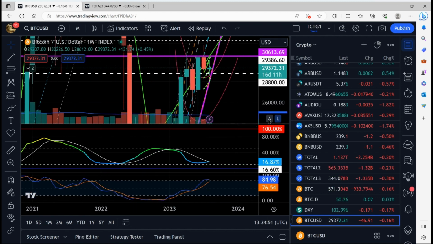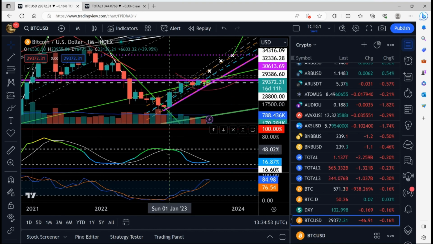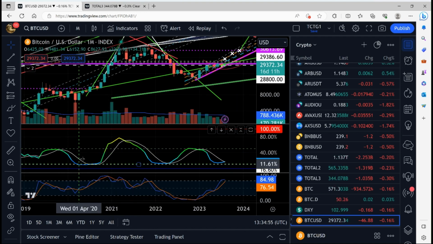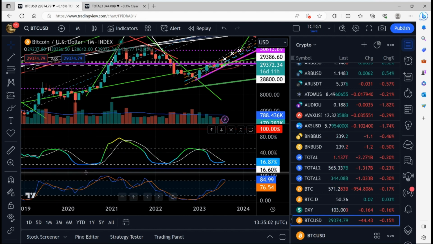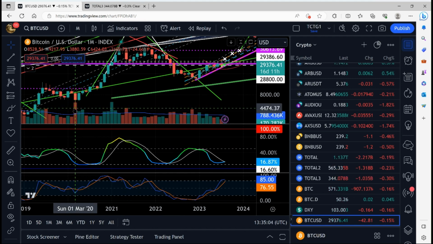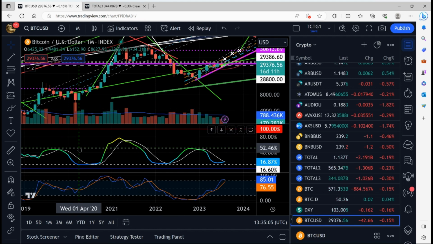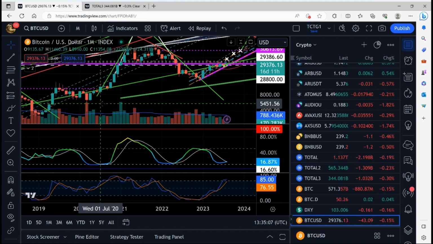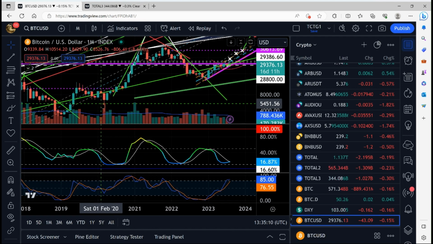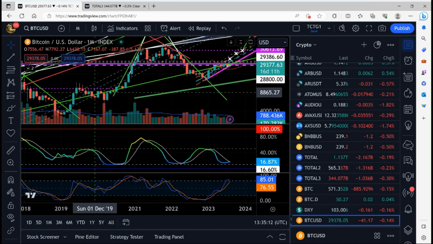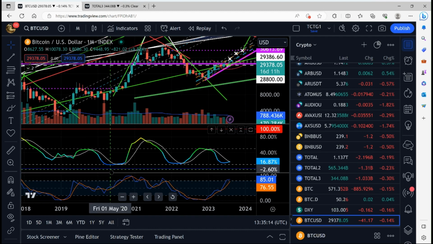And what was that? When it touched down here, that was 20. Oh, that was COVID. Well, you know what? That was the boring sideways market. COVID was just a part of that.